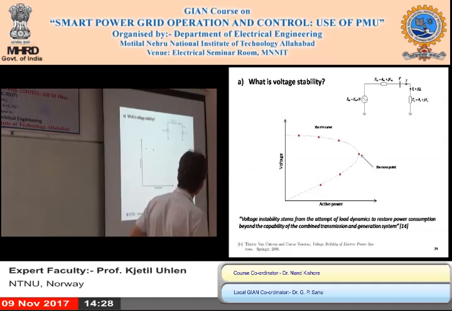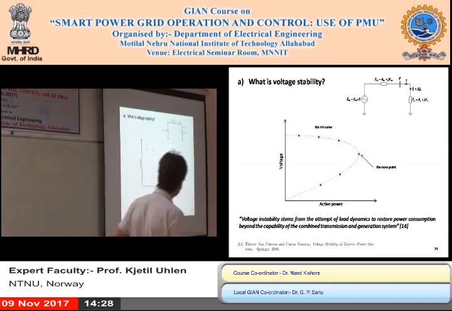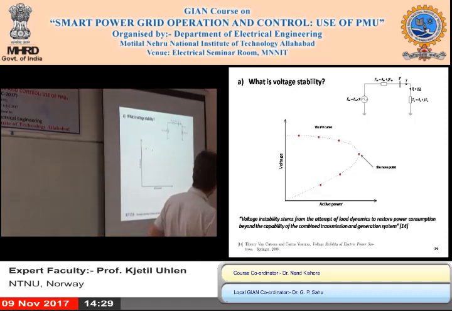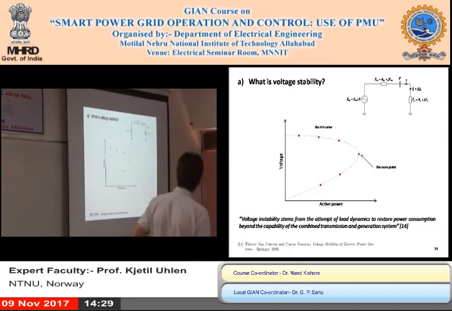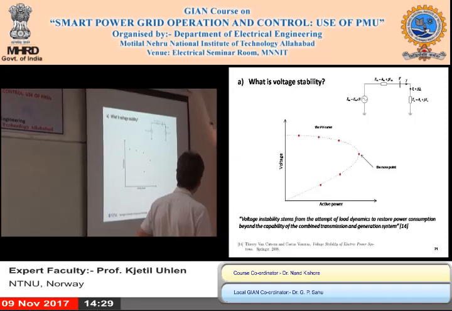If you reduce the load impedance, you increase the power. So you move somewhere. Maybe because of the increased power, you get a little lower voltage. And you go on like that. The more you increase the power, you will have some drop in voltage. And at some point, with this simple setup, you reach the maximum power transfer to that load.